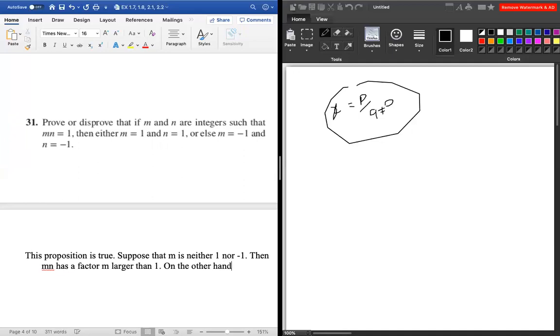On the other hand, we know that mn equals 1. If mn equals 1, and we know that 1 has no factor, we cannot factorize it, right? Because the only factor of 1 is itself.